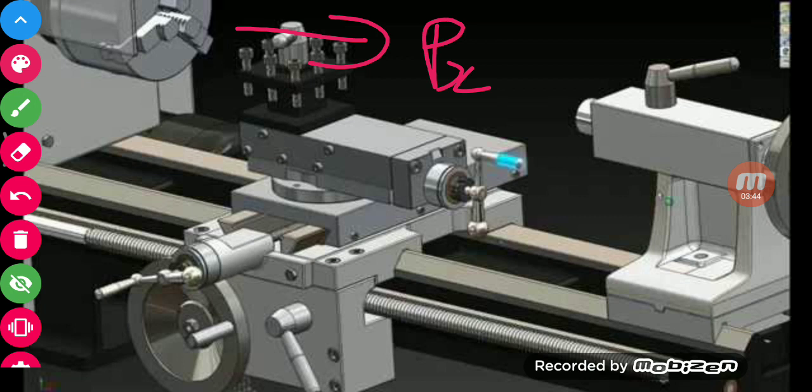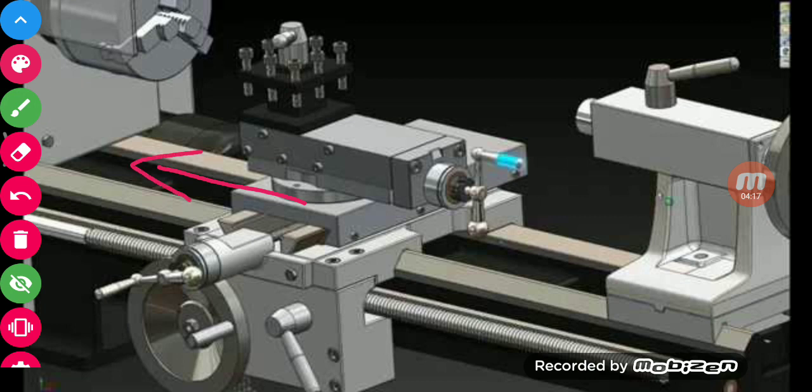Then the next one is the force which is coming from the lead screw. As I was saying, this particular wheel is rotated or the automatic feed is engaged. Either way the lead screw is the one which gives the driving force, and the driving force would obviously be in the direction of motion. If you have to do a turning operation, your carriage should move in this particular direction, going towards the left.